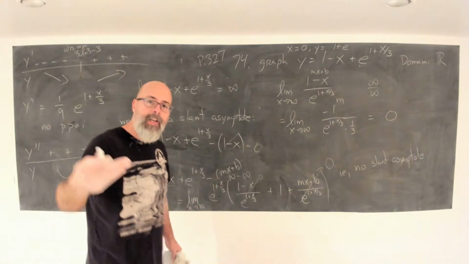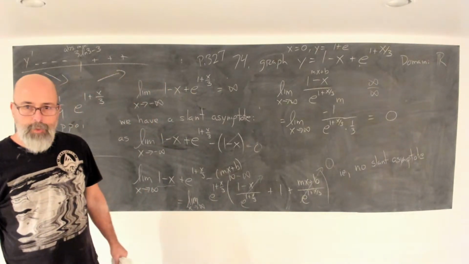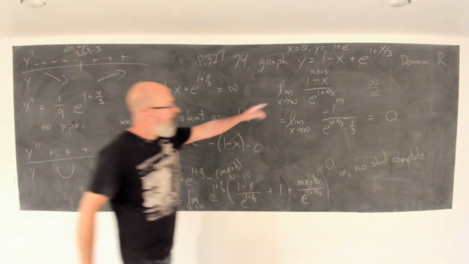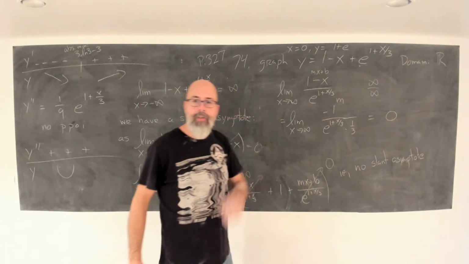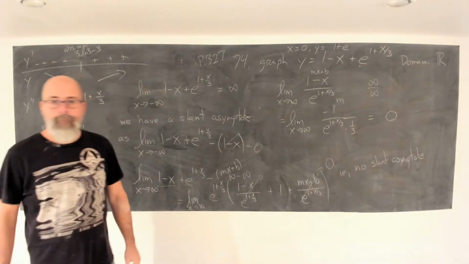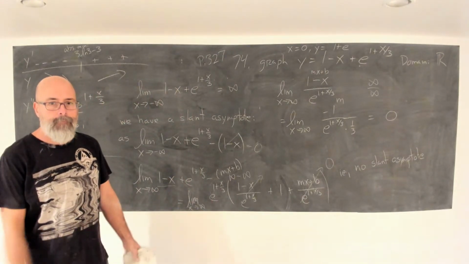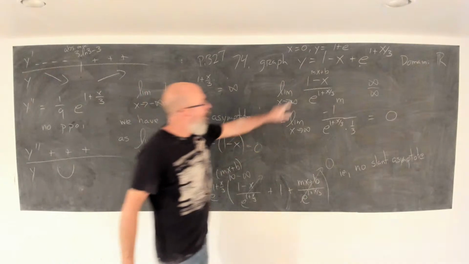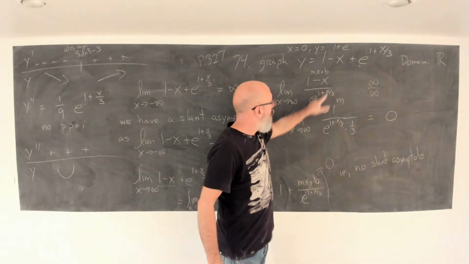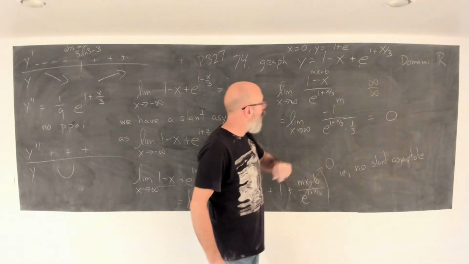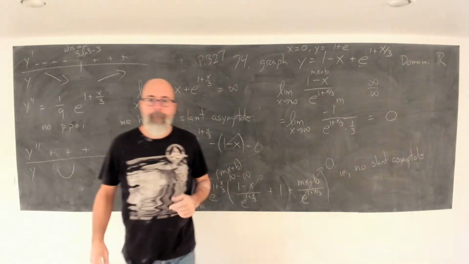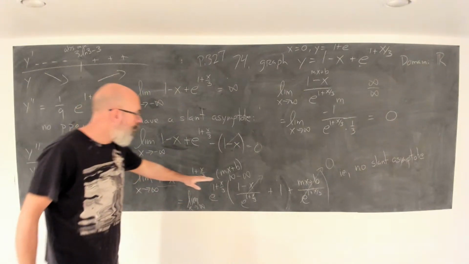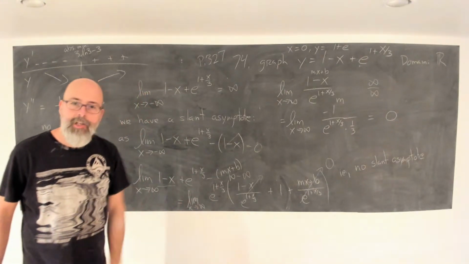I'm not saying that it is mx plus b. I'm saying that the work would have been exactly the same. So in the same way that the function 1 minus x divided by this goes to 0, the function mx plus b divided by that will go to 0, which means that you don't have any slant asymptotes.